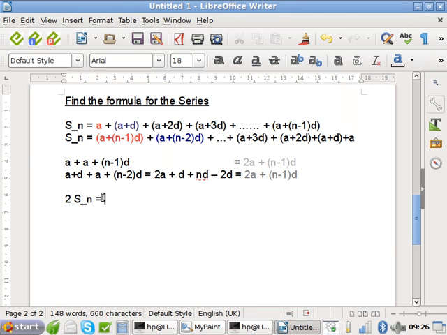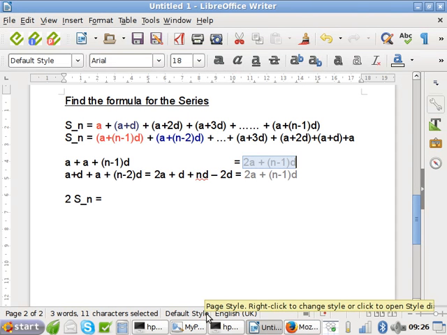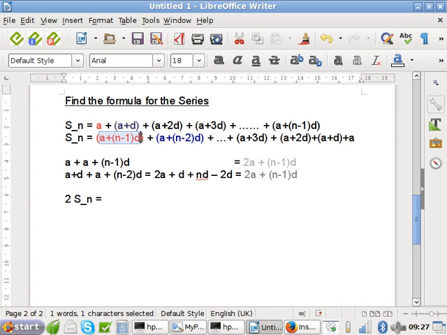Now, how many of these pieces do you have when you add them all together? N over 2? I don't think n over 2. Why? Well, here this is once, this is twice, 3 times. So there's n altogether.